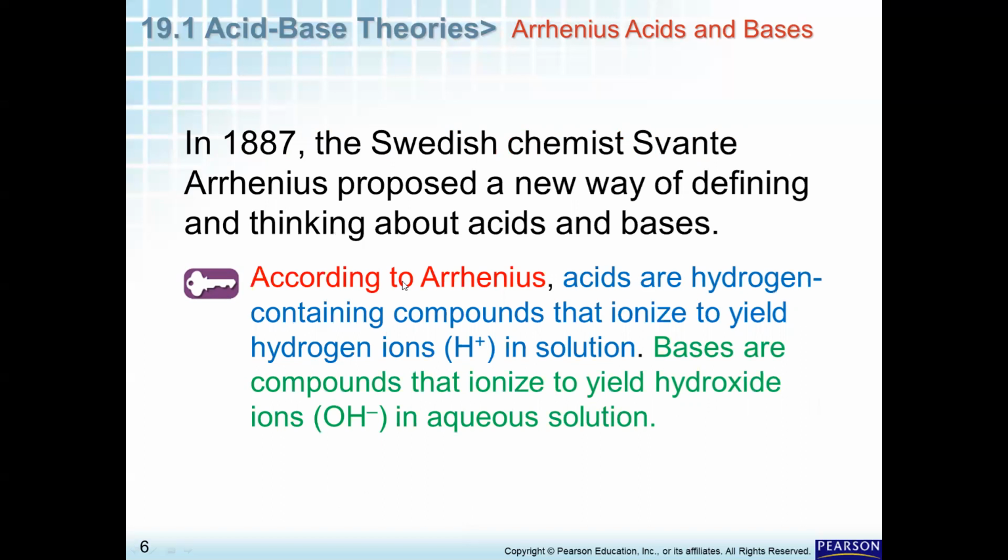What is the first theory, which was put together by the Swedish chemist Svante Arrhenius? He put the first definition of acids and bases, where he said that acids are hydrogen-containing compounds. That's the first requirement. So an acid should have hydrogen in there, and also that compound, whenever it ionizes, meaning splits into ions, positive and negative, will yield or produce a hydrogen ion.